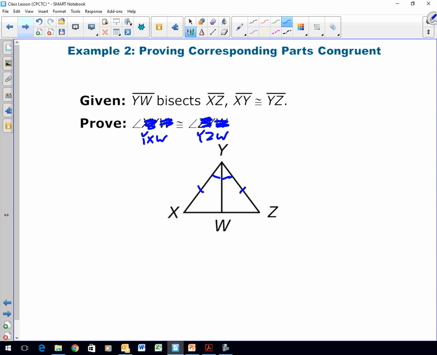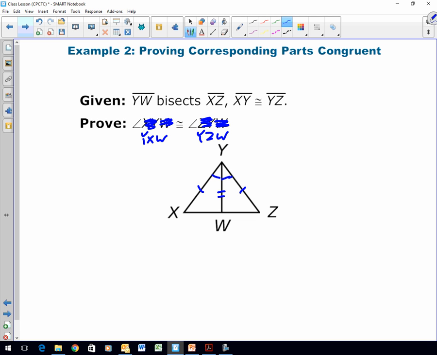Now, even if this one isn't given to me, what's the big elephant in the room on this problem? Is there another side that's congruent? YW is congruent to itself, with what property? The reflexive property. Are these two triangles congruent?